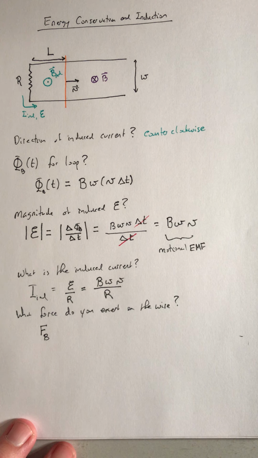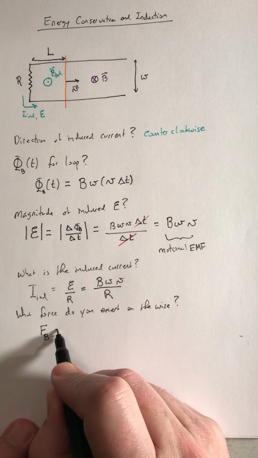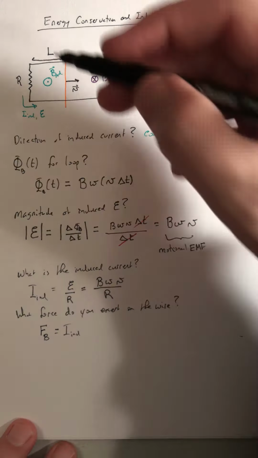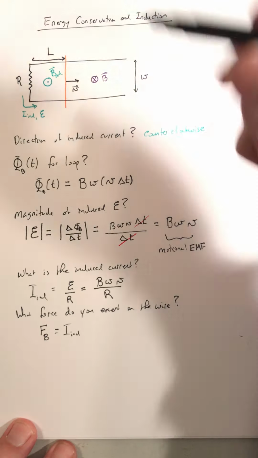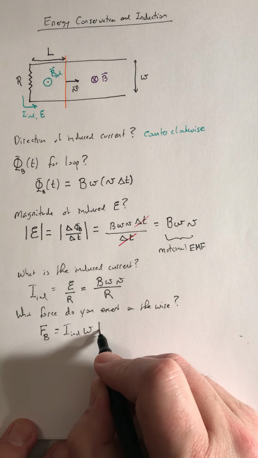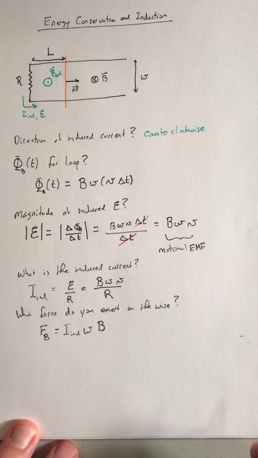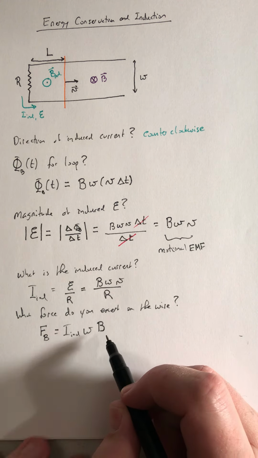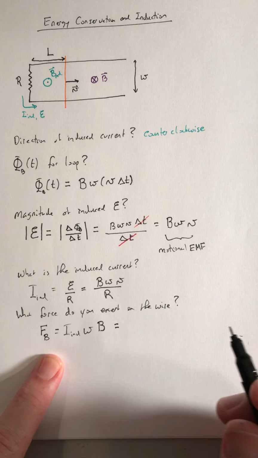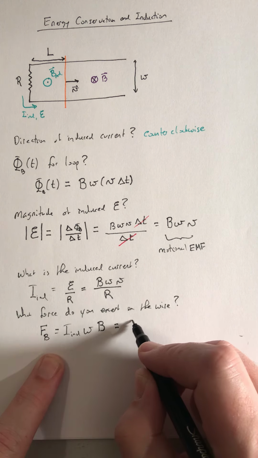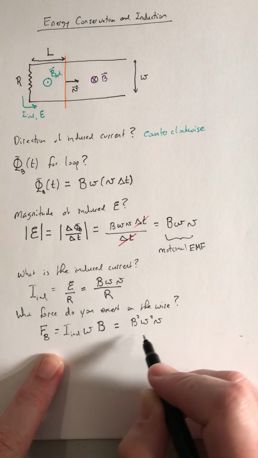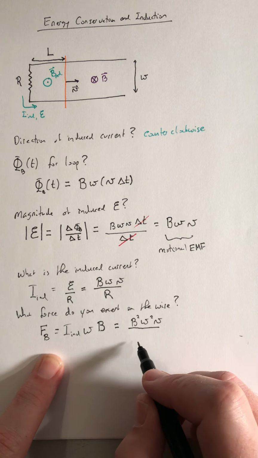So the magnetic force on the induced current is going to be the magnitude of the induced current times that length, which is our width, times magnetic field strength. And fill in what the induced current is, and we're going to have B squared, width squared, speed over the resistance.